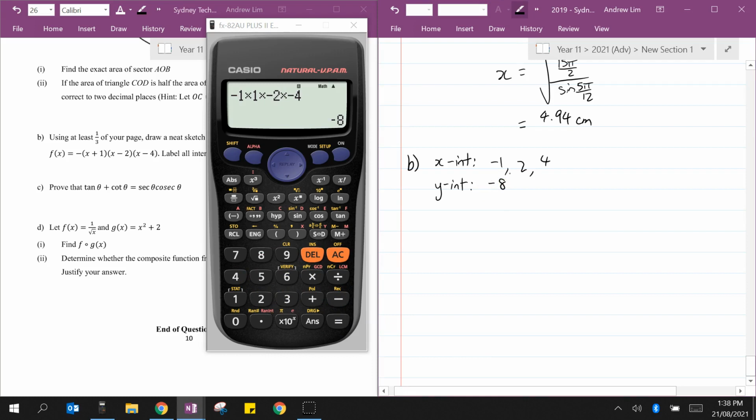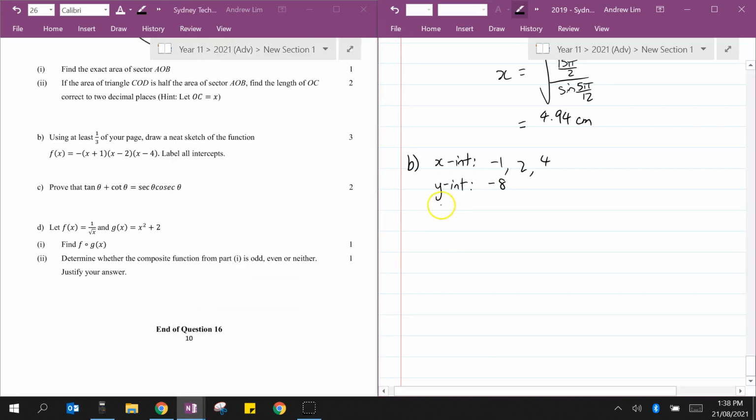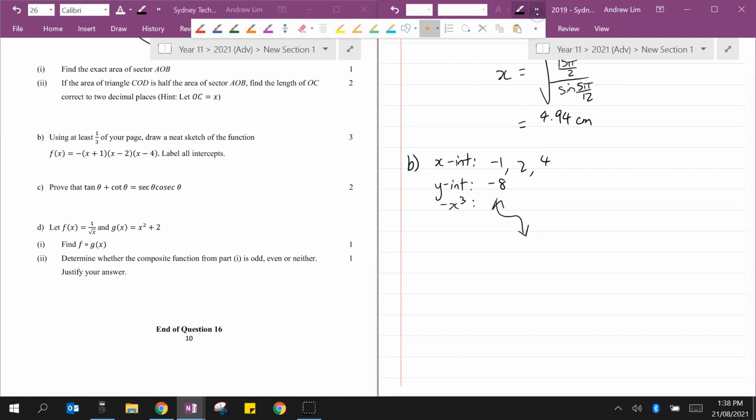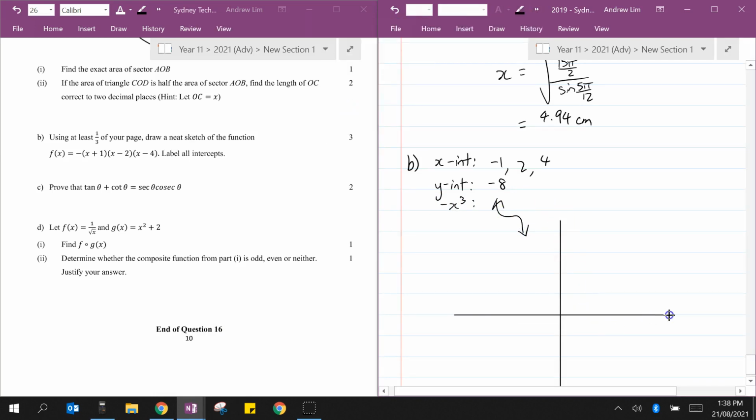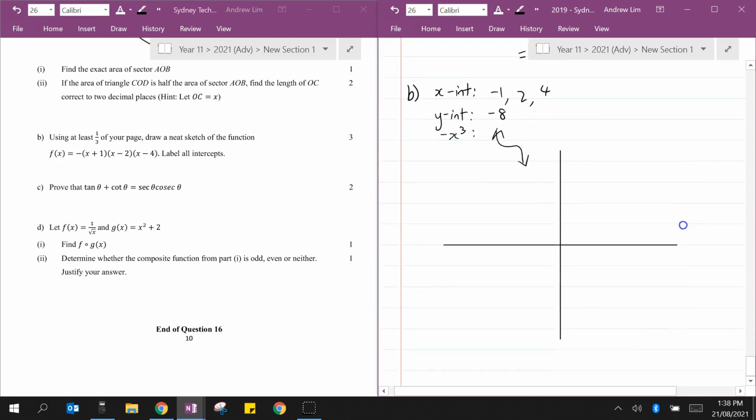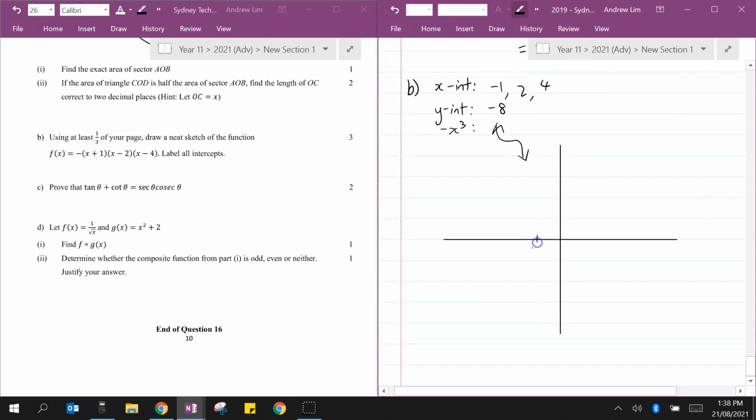And because it's -x cubed, I know it's going to look like this. Okay. -1, 2, and 4. And we'll just label that -8.